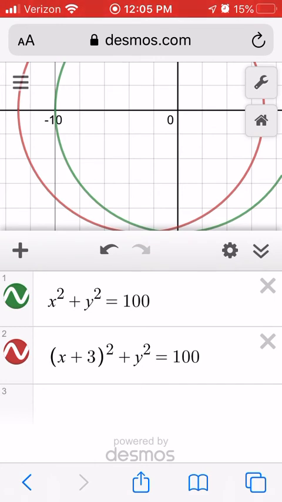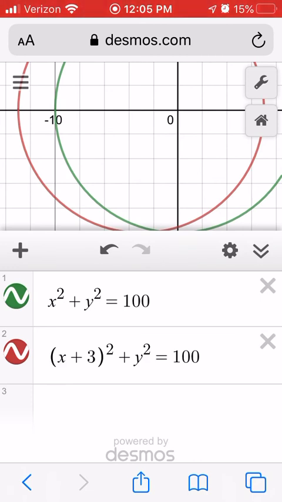So anytime you do a shift, you're not looking at the +3, you're looking at what could I put in the place of that variable to make it go to 0. So a +3 actually will shift your standard graph over -3, left 3. So that's a horizontal shift.